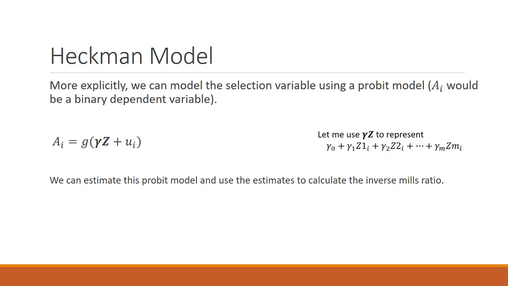A equals 1 if you have a savings account, and A equals 0 if you don't. So we can use a probit model to model A. And if we do that, we can use the estimates from the probit model to calculate the inverse Mills ratio. You can look into the book to go into more detail on that. We'll also do that in the demo.